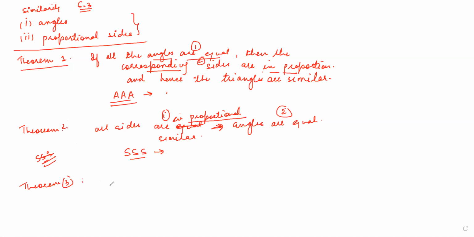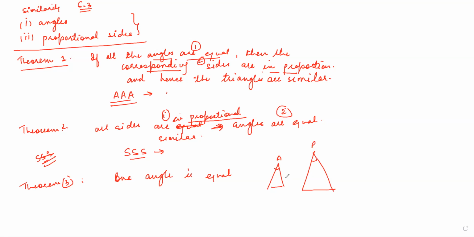Third theorem is basically if one angle is equal. For example, there's a triangle here and another triangle. So the statement is written in the book. I'm just explaining the meaning. So let's say this angle A is equal to angle P, right?